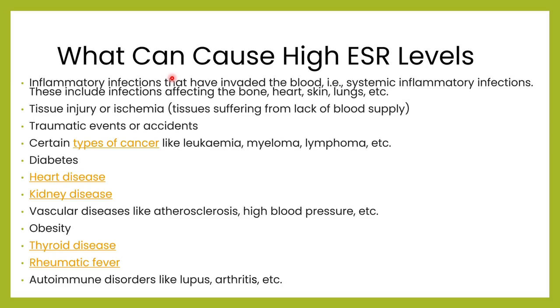It could be an autoimmune disease like rheumatoid arthritis, SLE, a gut-related inflammatory disease like inflammatory bowel disease, certain types of cancers, leukemias, myelomas, lymphomas, wherein abnormal immunoglobulins are being produced, diabetes, mainly because of low-grade inflammation or diabetic complications, heart disease, whenever there is atherosclerosis, there is an inflammatory process in the vessels, kidney disease, end stage kidney disease, chronic kidney disease, obesity, again a state of low grade inflammation, thyroid disease, especially subacute thyroiditis, rheumatic fever, all these can increase your ESR levels.